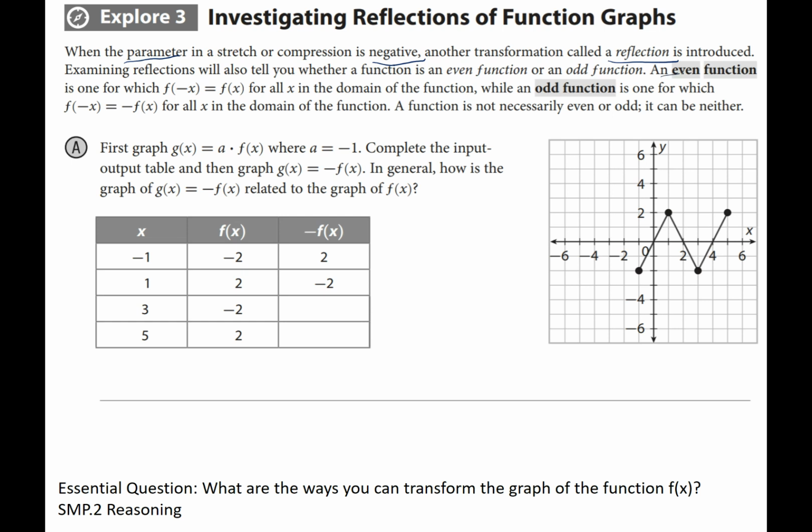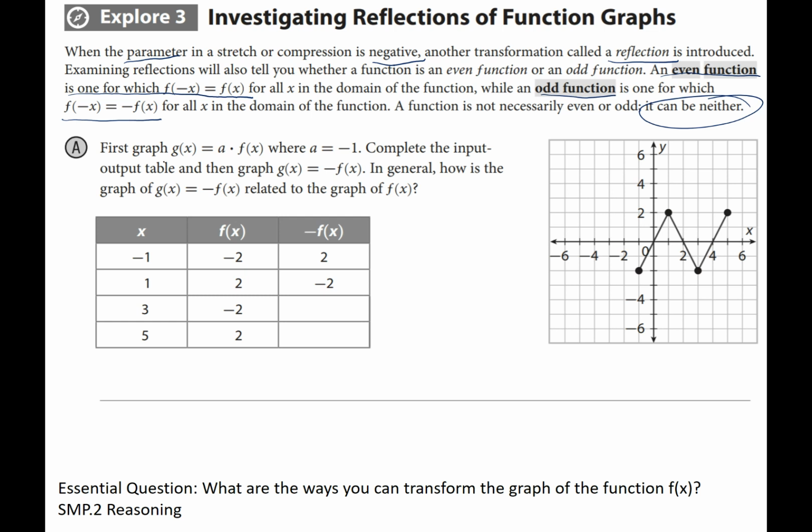An even function is one for which f of negative x equals f of x for all x in the domain. An odd function is one for which when we put a negative in, we get the negative of the function. A function is not necessarily even or odd. It could be neither, which seems weird, but it does happen.